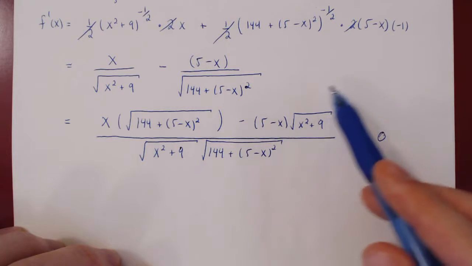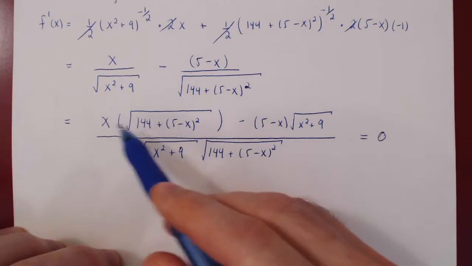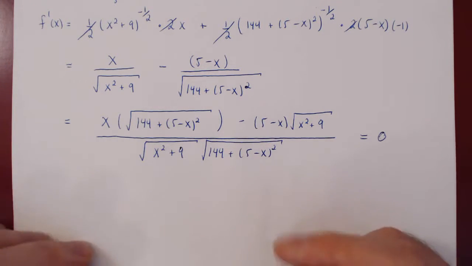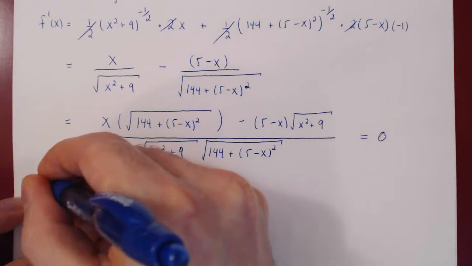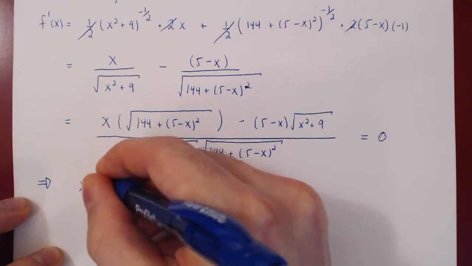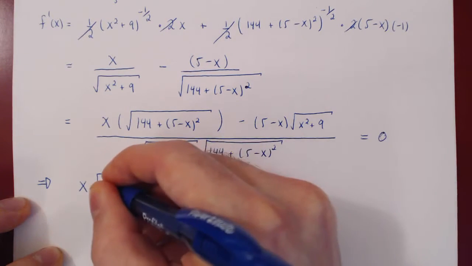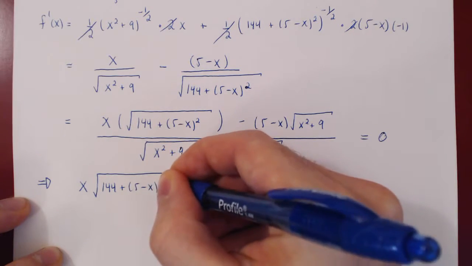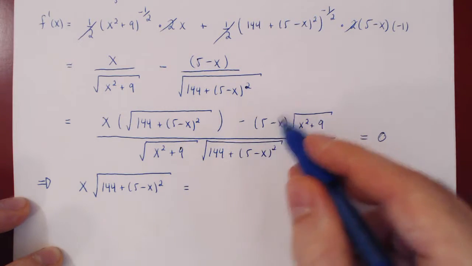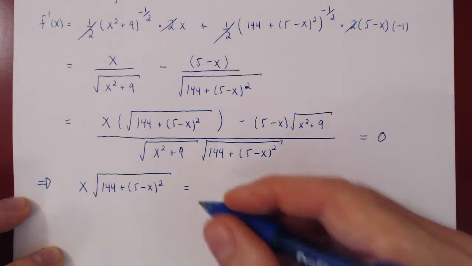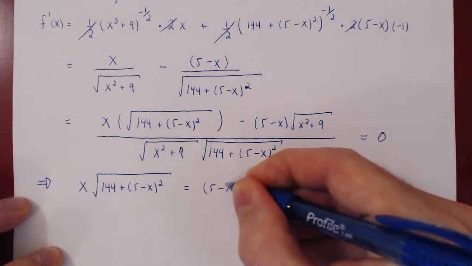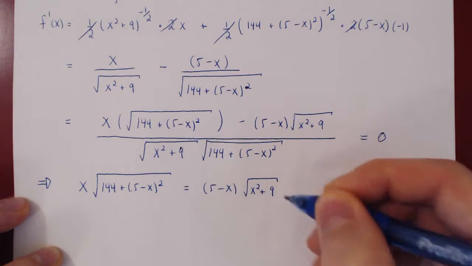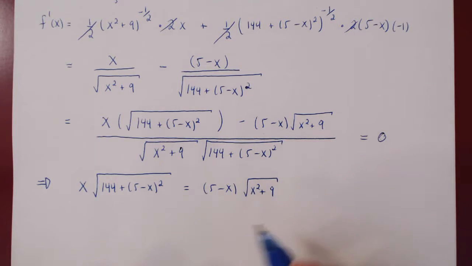I will send this on the other side, and I'll have that x times the root of this equals 5 minus x times the root of x squared plus 9. The negative becomes a positive when I send it to the other side. And now we're trying to solve for x.